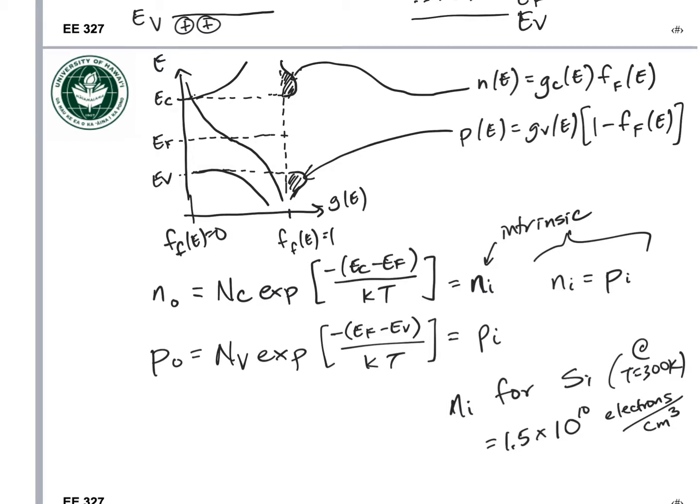So if I had a cubic centimeter of silicon at room temperature, intrinsic silicon, then I know I'm going to have 10 billion electrons in that cubic centimeter of silicon. So I know how many charge carriers there are now. And since I know how many charge carriers there are, if I put, say, an electric field across that block of silicon, then I can figure out what the current will be because I know how many charge carriers are going to be moving.